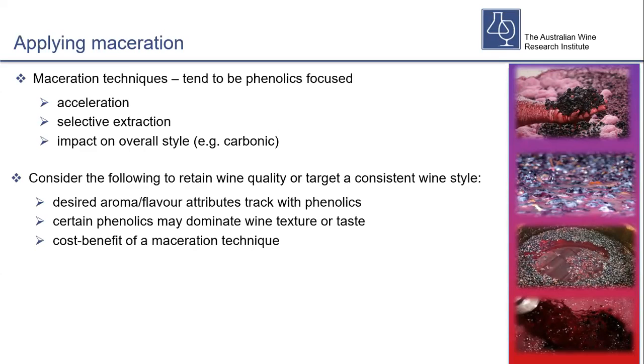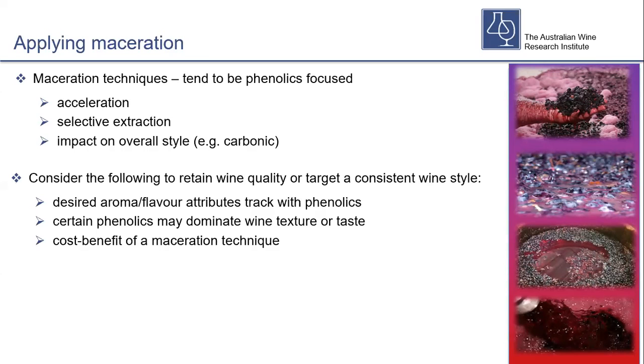What I'm aiming to do with this talk today is to start to consider a few reasons why we might be using maceration, and ultimately to retain the wine quality that is intrinsic in the grapes that we're fermenting, and also to target consistent wine styles. Things I'll be looking at are: do the desired aroma or flavor attributes of that style track with phenolics as they're extracted during a maceration technique?